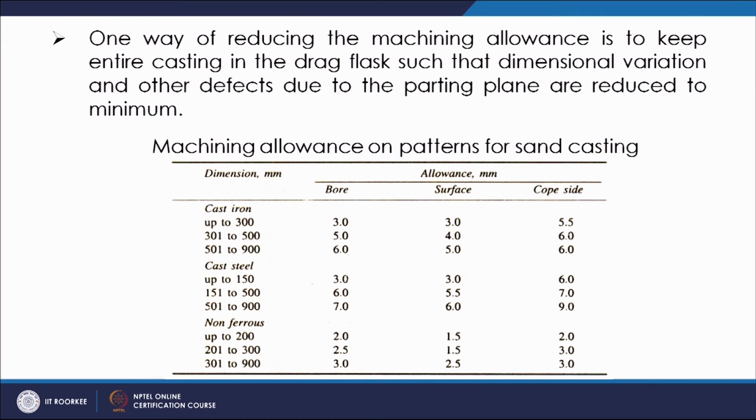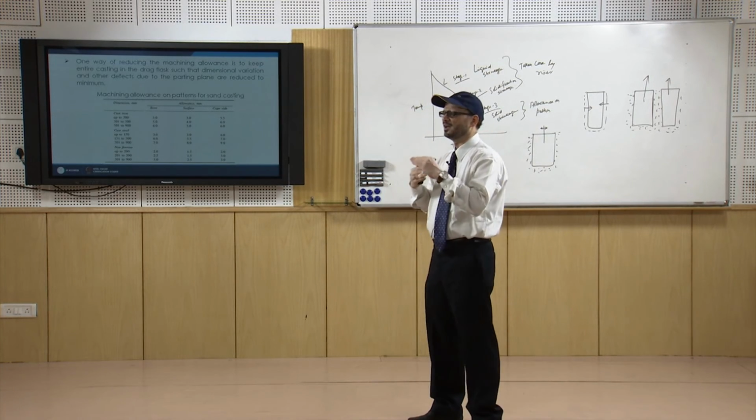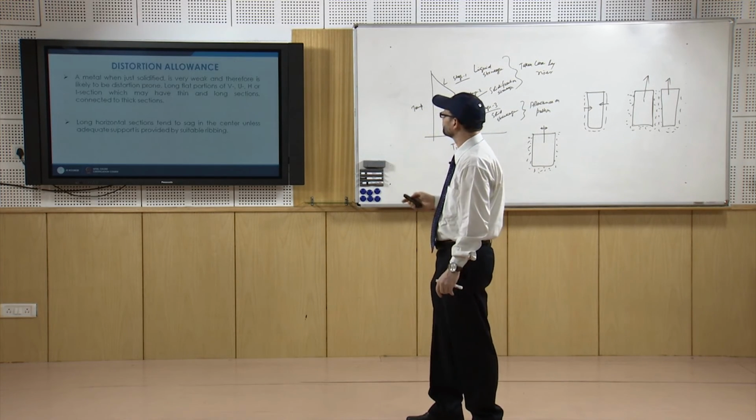So this is one way: you do the casting in the drag part itself. There are certain data given for machining allowance. You can see that depending upon the dimension, you have certain values for the cope surface and the bore portion. This is normally used for standardizing the allowance values in machining.